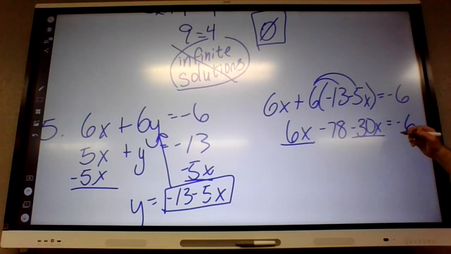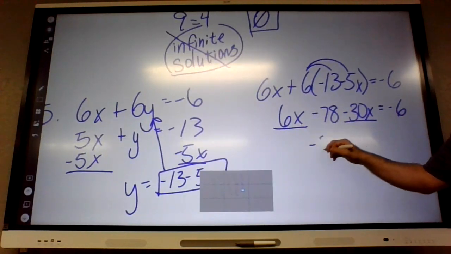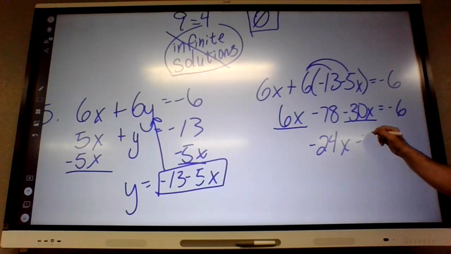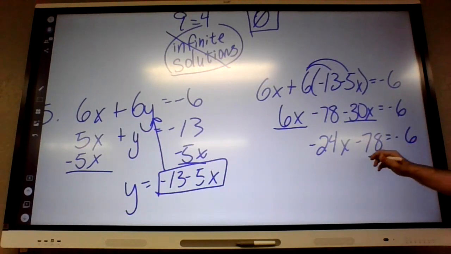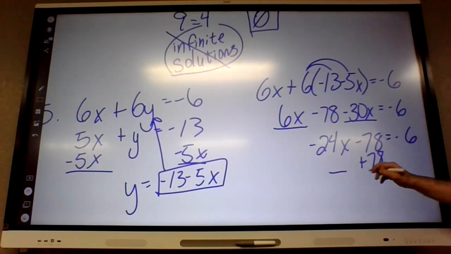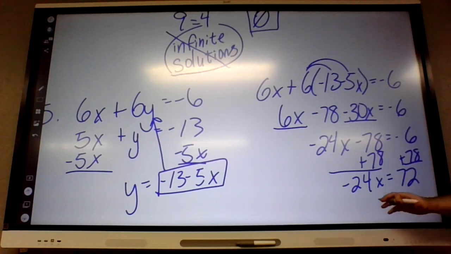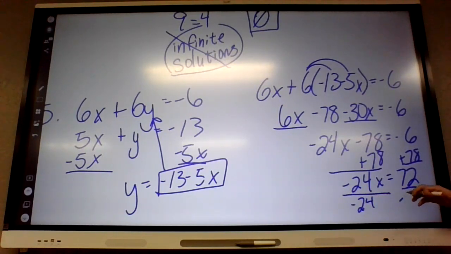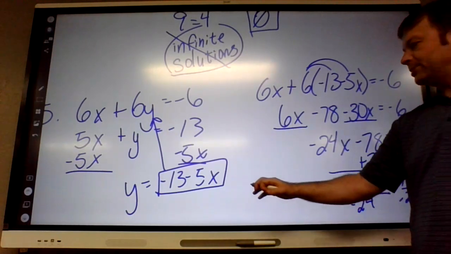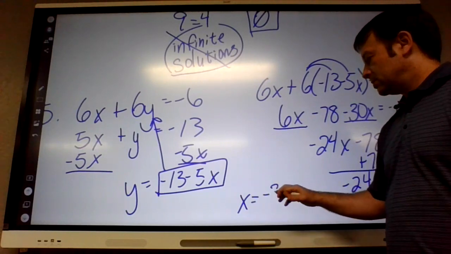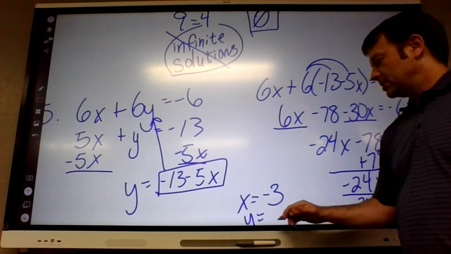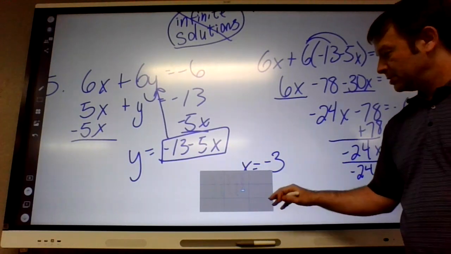Some larger numbers. 6 minus 30x is negative 24x. How many times is 24 going to 72? 3, so it's negative 3 in this case.